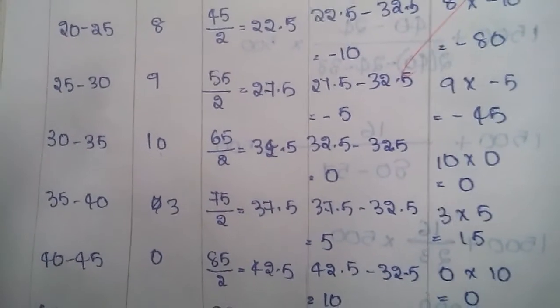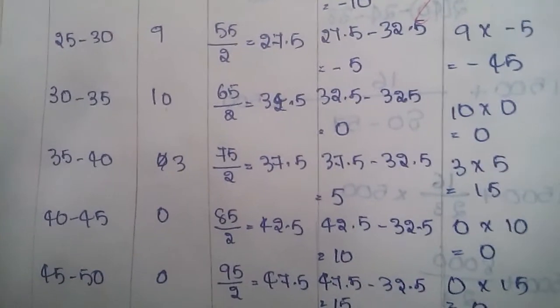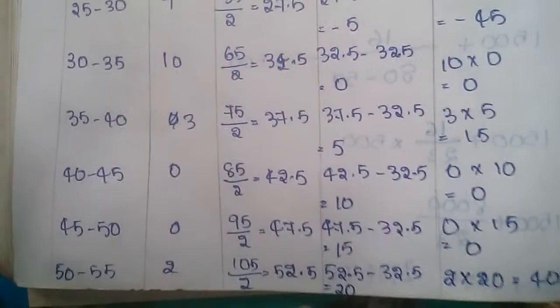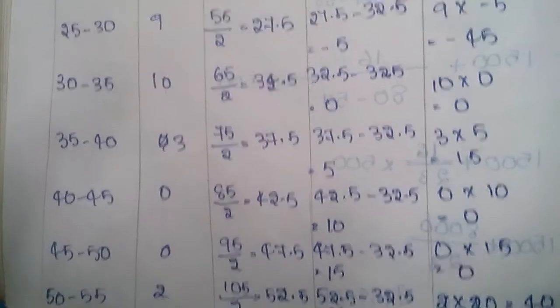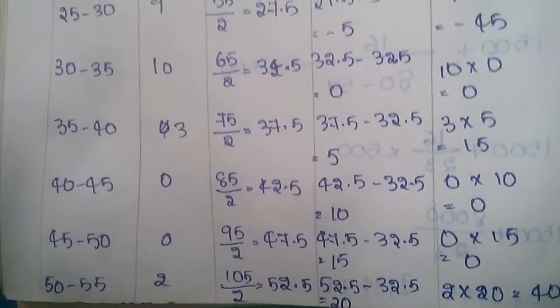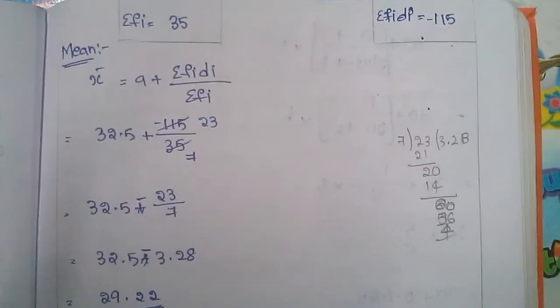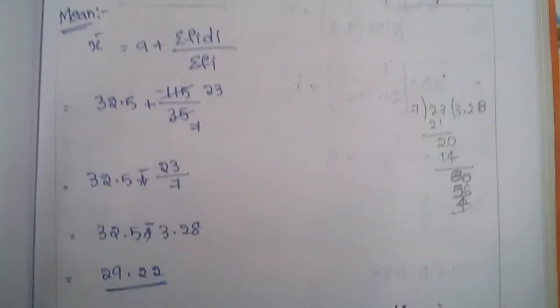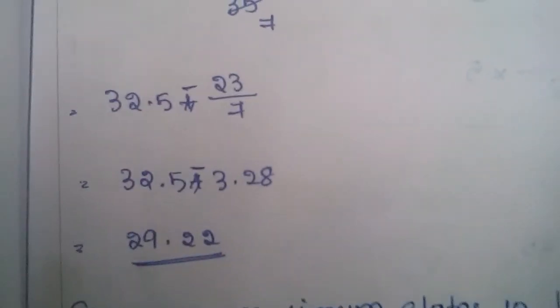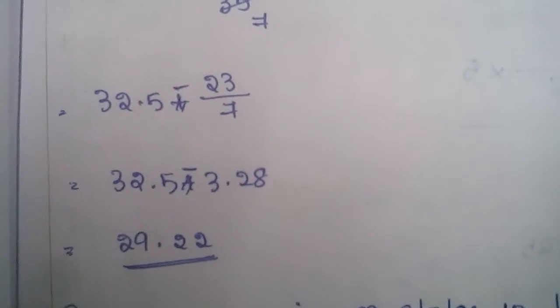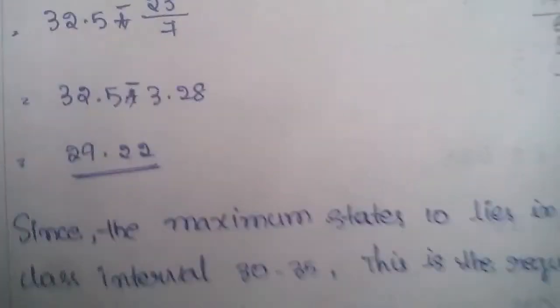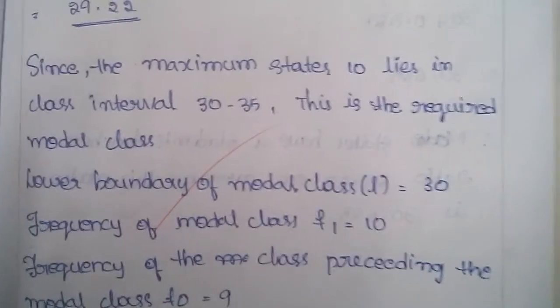We can take any method for the mean, either the direct mean, step deviation, or assumed mean method, whichever you like, for your convenience. 23 divided by 7 will get 3.28. 32.5 minus 3.28 will get 29.22, hence the result, which is the mean value.